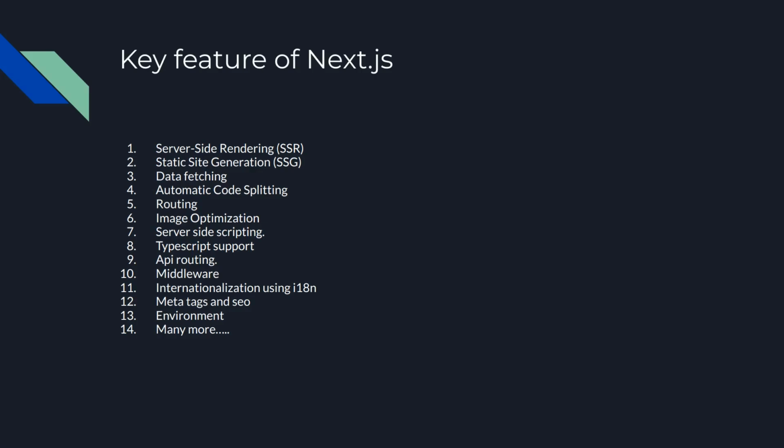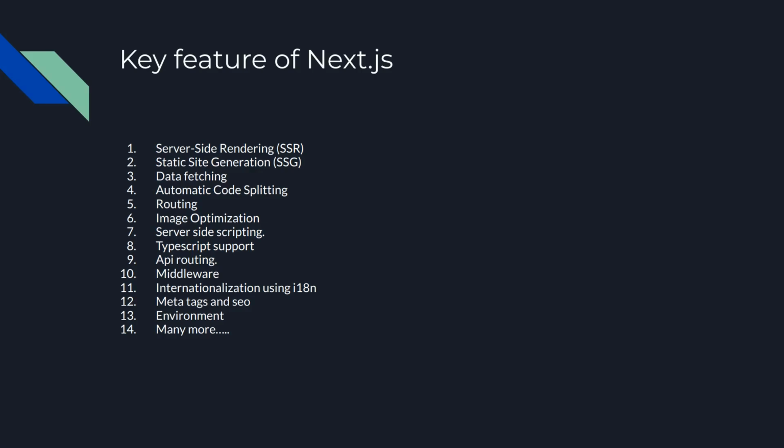It has routing support, which we already discussed. We can create routing with folder systems. And I really like the image optimization feature. Next.js has an Image component where you define the image width and height. Next.js will reduce the image size and bitrate. That's really better for loading the web page.